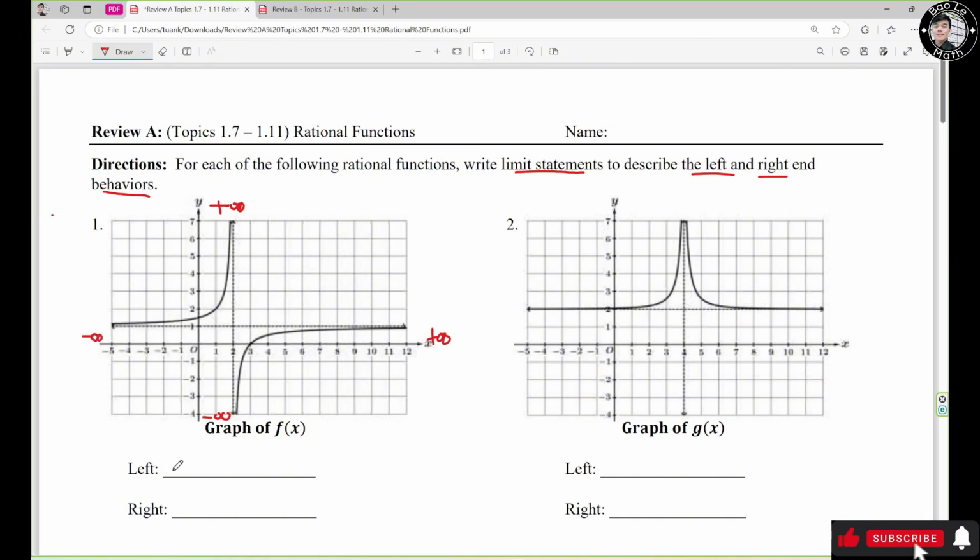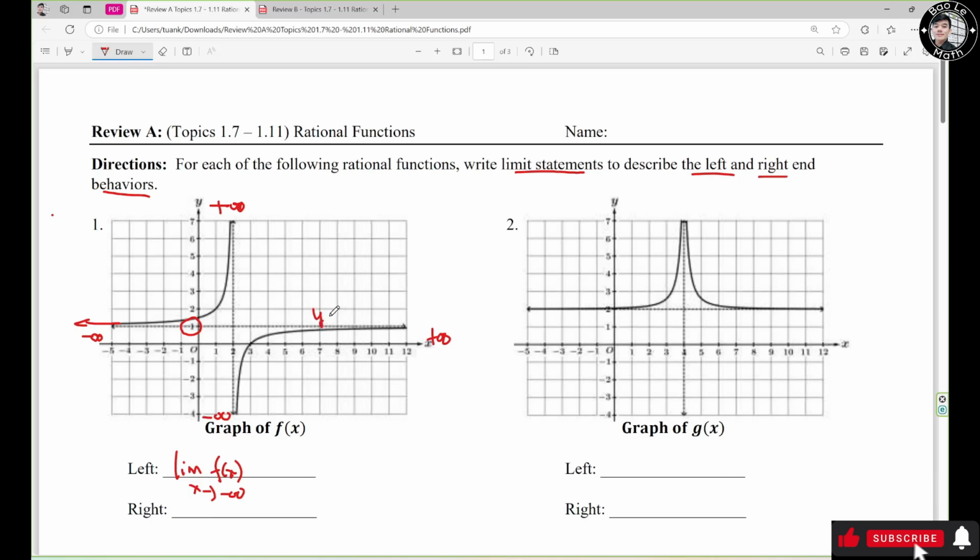Alright, so left end behavior, which means limit of the function f of s when s approaches negative infinity, right? S approaches negative infinity, which means it goes to the left right here. The function approaches the horizontal asymptote, which is 1, right?